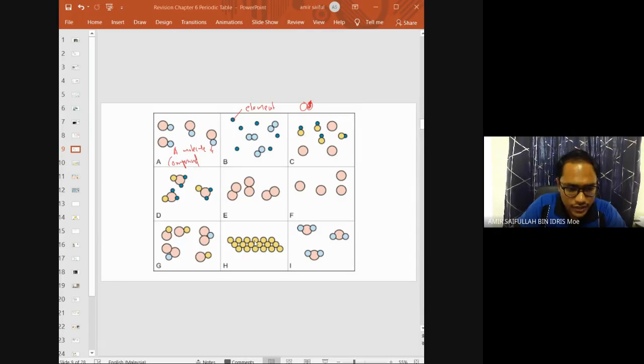This one is an element, but it exists as a molecule, a very big molecule. So a molecule of an element, and this one is a molecule of a compound. Okay, any question? Some of you don't understand at all.